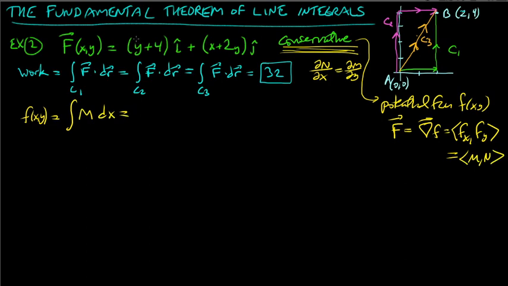and M is just y plus 4. So you integrate y plus 4 with respect to x, and we get x times y plus 4 times x, plus some arbitrary function of y. I'll call it h1 of y. Remember, that can be any function of y because when you take the x partial of that, you get 0.